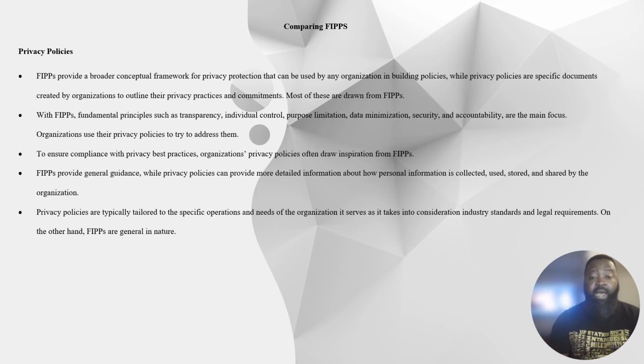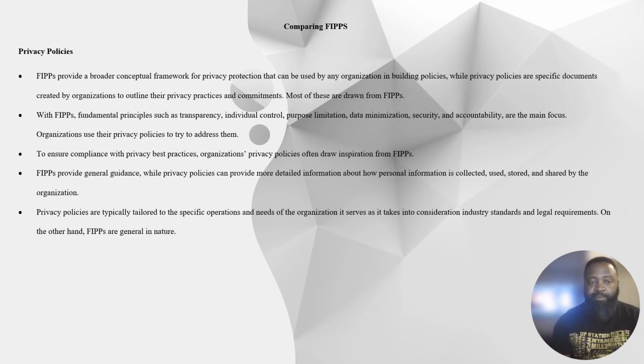Take, for example, an organization that has a policy that all PII is shared through, let's say, encrypted email. So let's just assume that you're using Office 365 and they say every piece of PII should be shared through encrypted email. Now, that is a privacy policy of that organization.